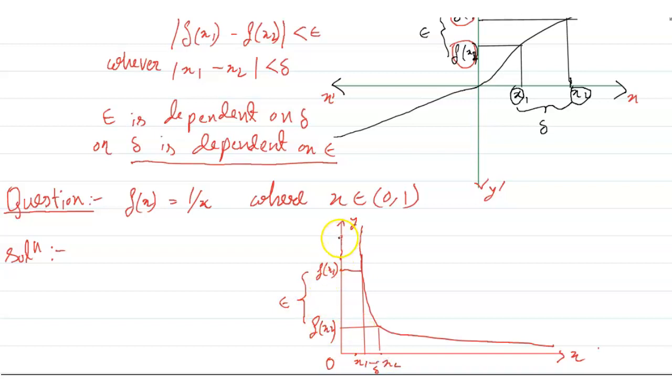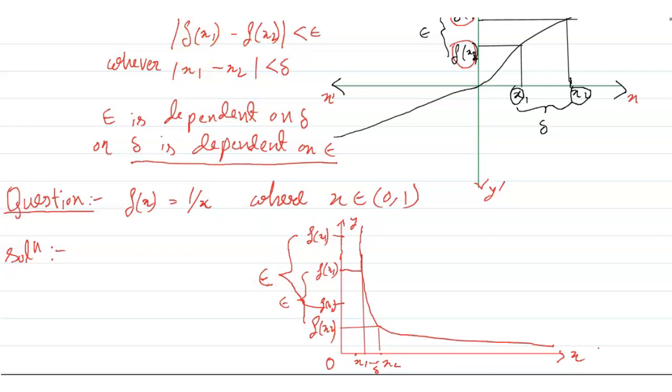Now I shall change the distance between f(x1) and f(x2). This is my changing line, this is the epsilon. I change the epsilon distance.